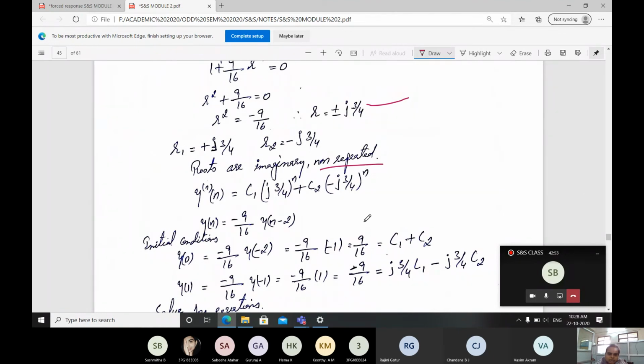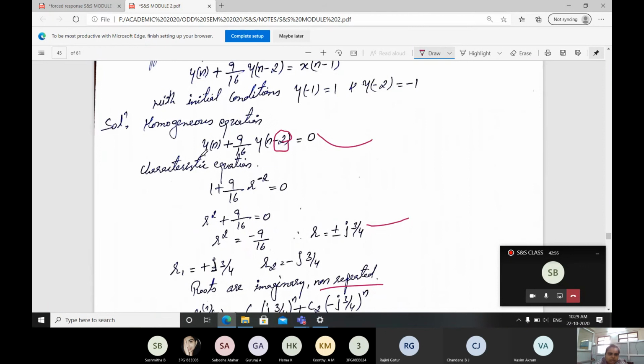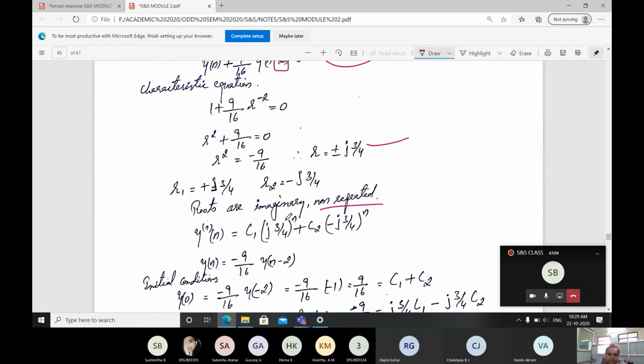Then write the homogeneous equation in terms of y of n. Shift this part to the RHS, and you will be getting y of n equals minus 9 by 16 y of n minus 2.